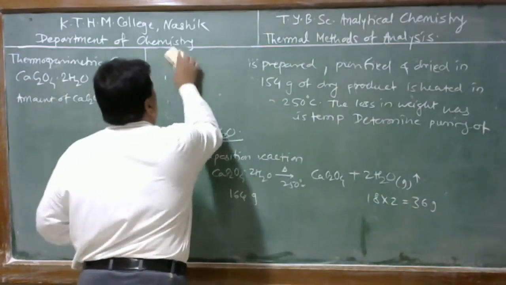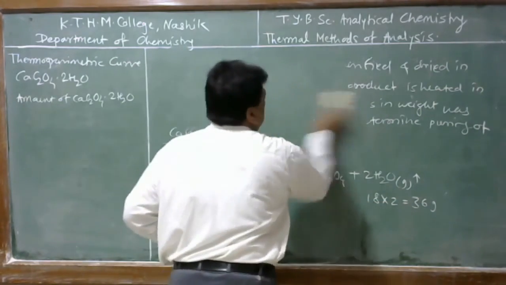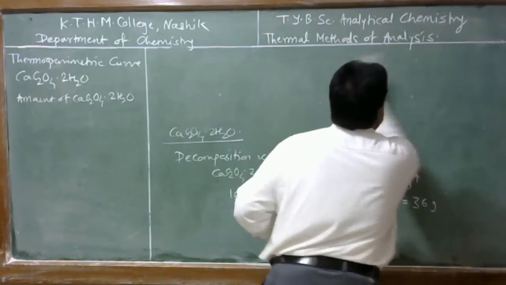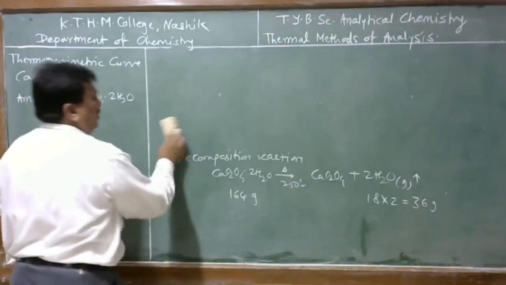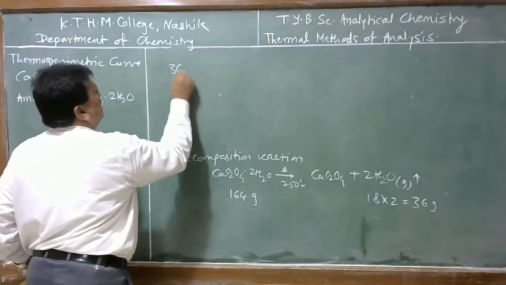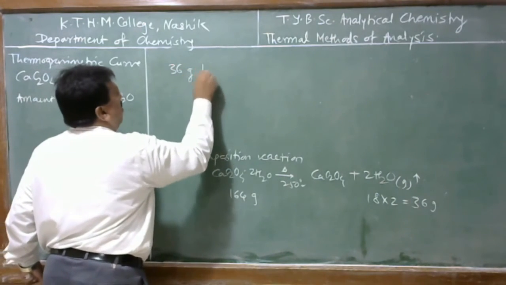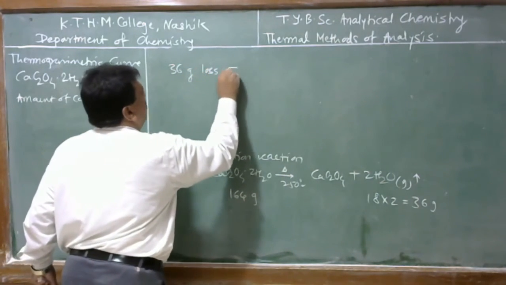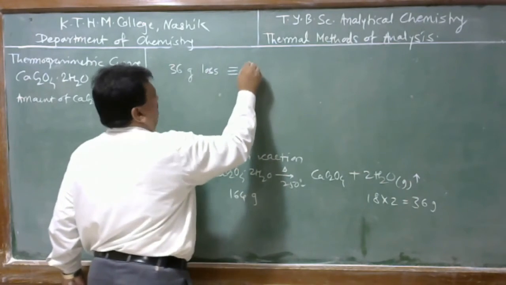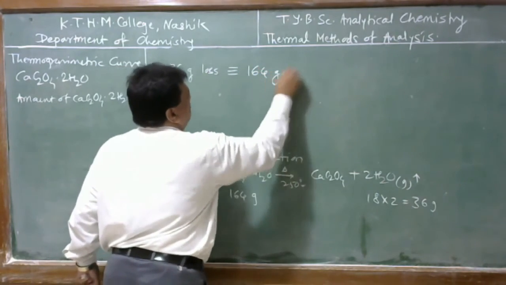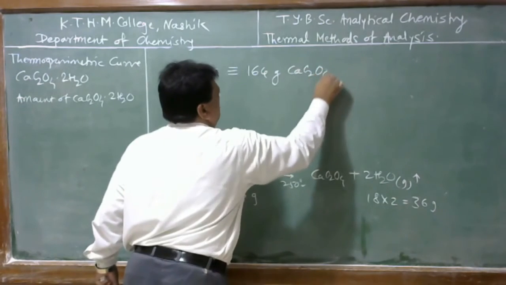Therefore, 36 gram of loss corresponds to 164 gram of CaC2O4·2H2O.